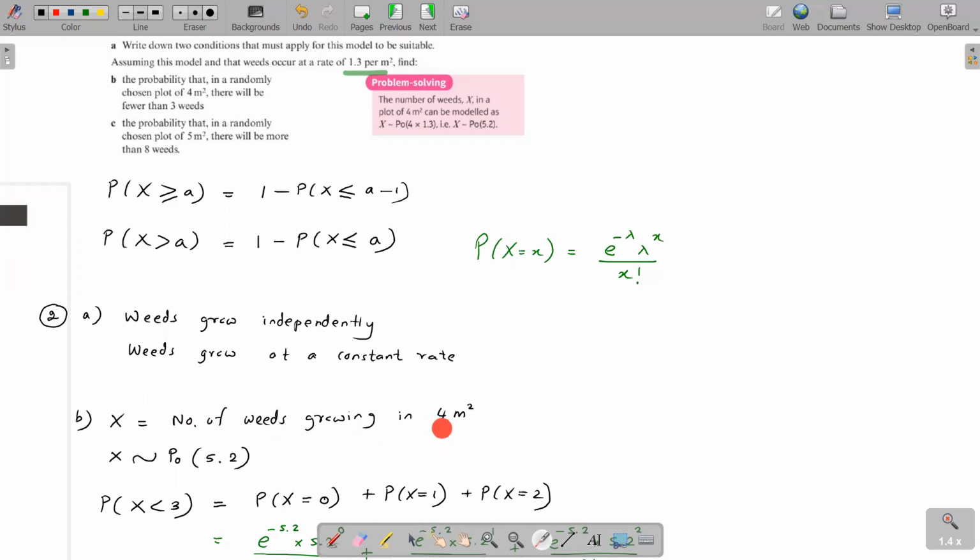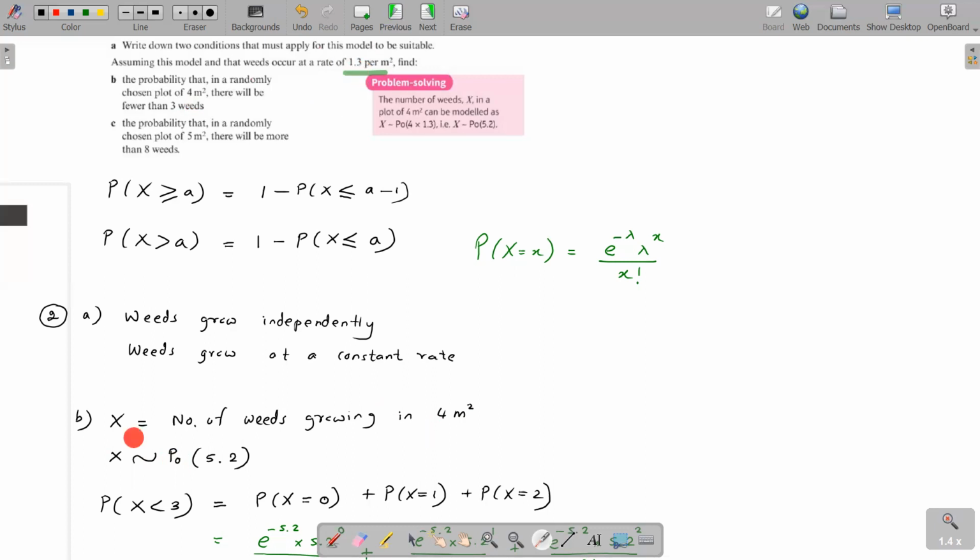So guys, now let's model the Poisson distribution. How do you model it? X follows a Poisson distribution. Now the lambda is 1.3 per square meter, but here I'm working with 4 square meters. So what do you have to do? You need to get the lambda according to the length of the interval.